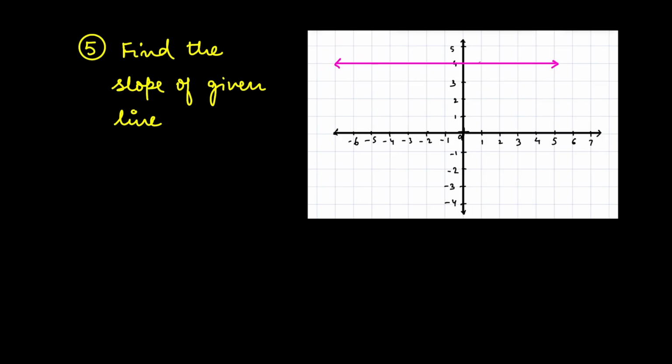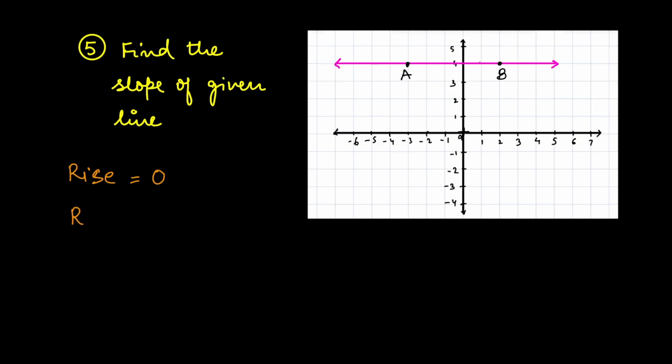Now example 5. You have to again find the slope of the line. Now it's a horizontal line. For the horizontal line, again we mark 2 points. The first point we mark as A, and the other point let us take here as B. Now the rise part first. From A to B, if we observe, there is no rise because A and B are at the same distance from the x-axis. So rise is 0.